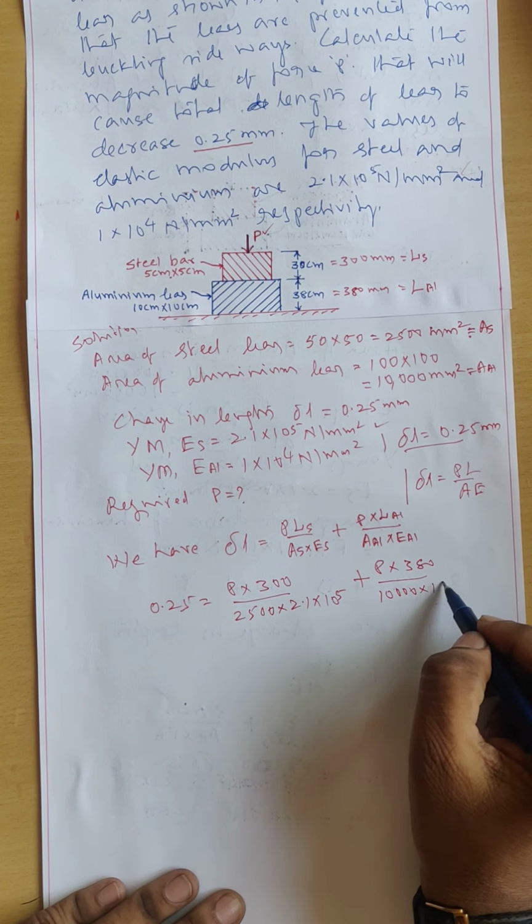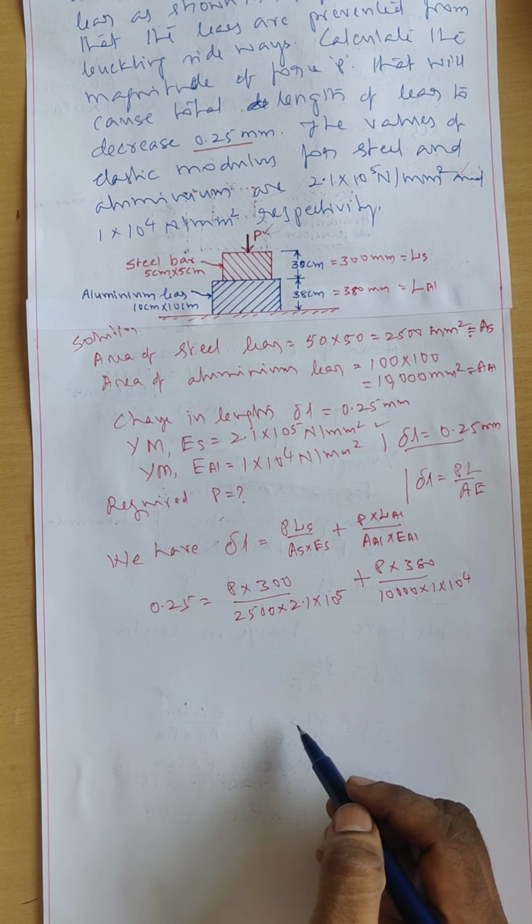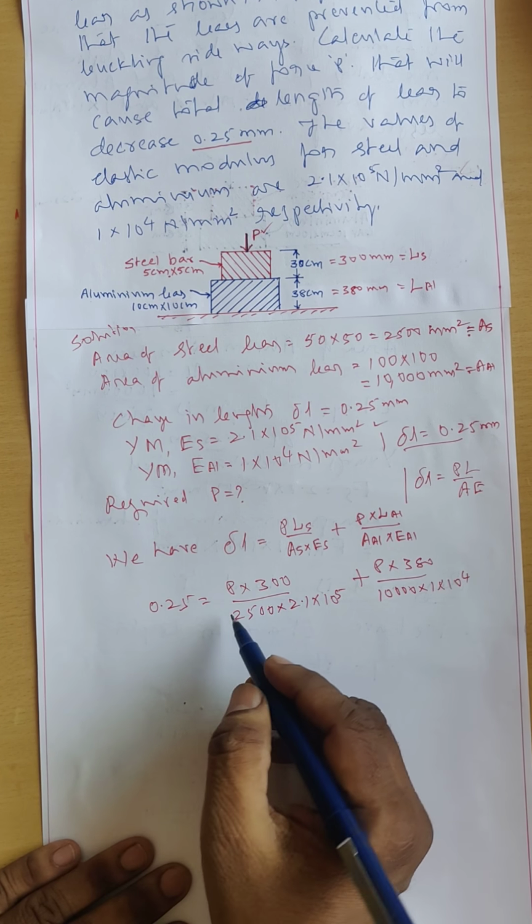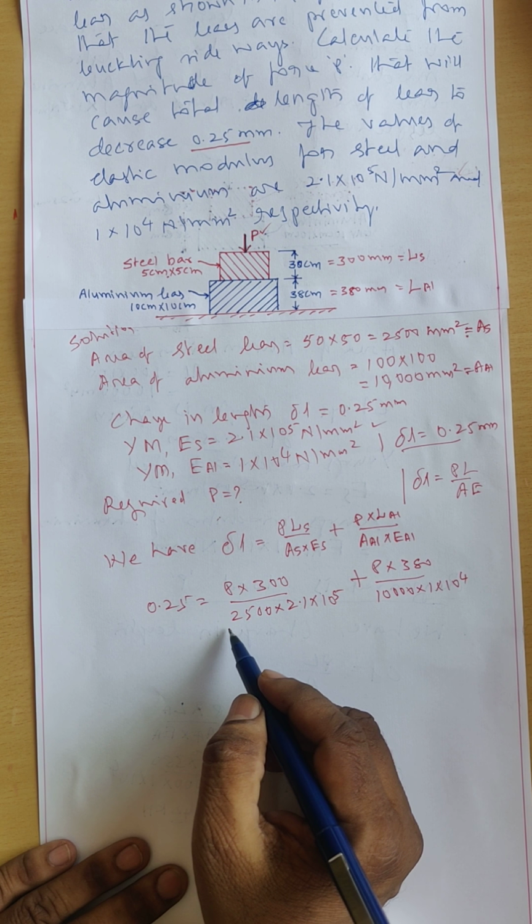Only one unknown, P, is here. Therefore, we can take P as a common term outside.